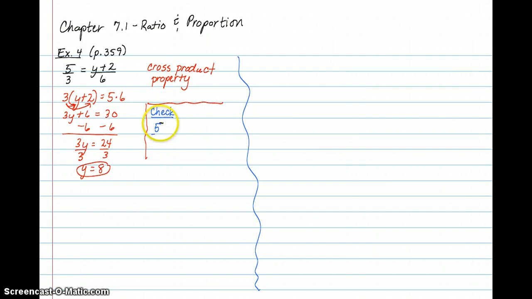So we would have 5 over 3 equals 8 plus 2 over 6. 5 over 3 equals 10 over 6. 10 over 6 is not simplified, so when you simplify by dividing numerator and denominator by 2, 10 divided by 2 is 5, 6 divided by 2 is 3, and 5 over 3 does equal 5 over 3. So that is a true statement. Therefore, y is in fact 8.